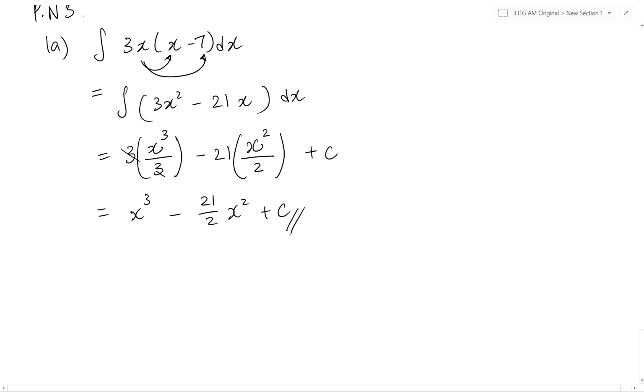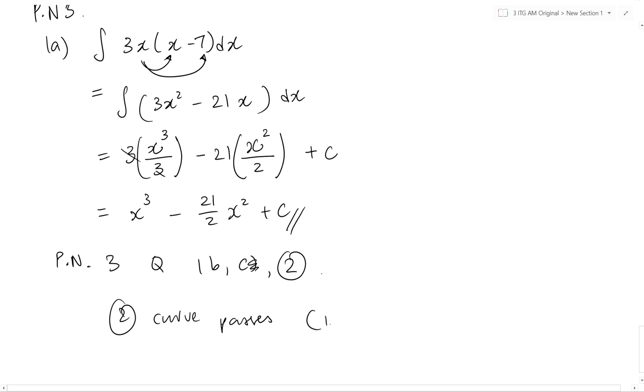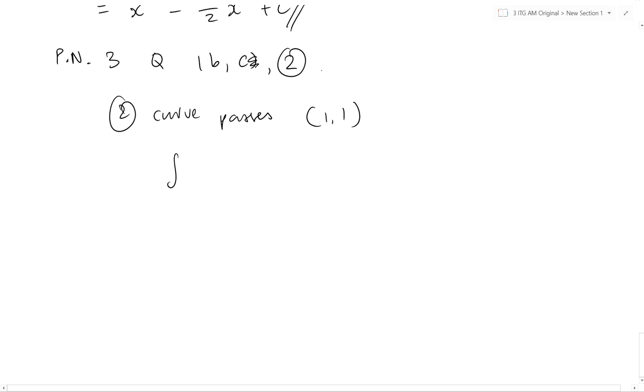Okay, so Practice Now 3, question 1b, c, and question 2. Take note that in question 2, they tell you that the curve passes through (1, 1), which means that after you do your integration, so over here we have y equals the integral of 2 - 3x + 4x^2, all this with respect to x.